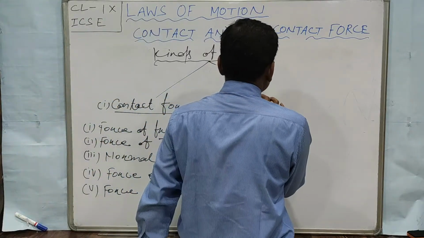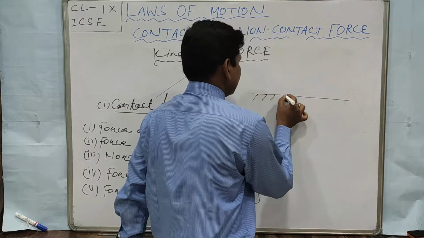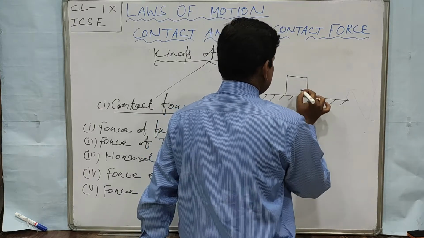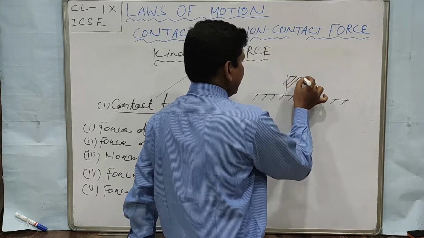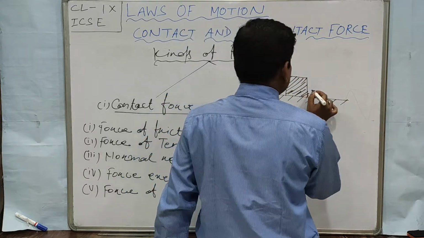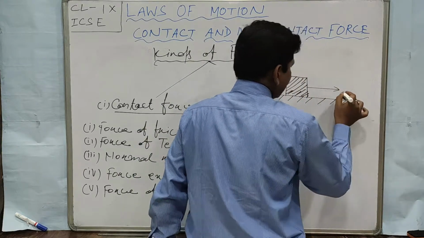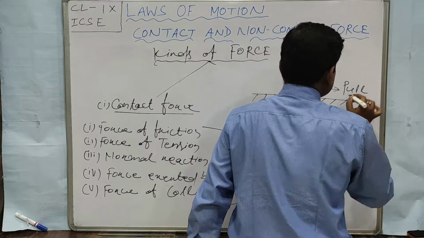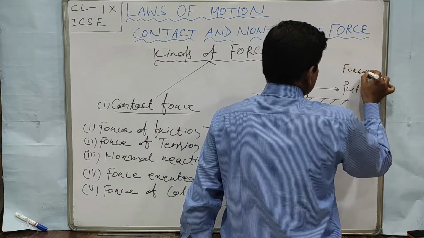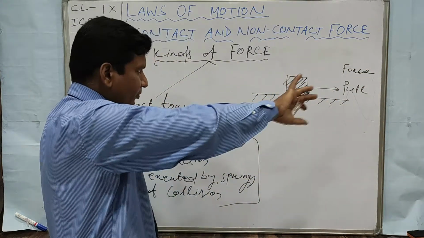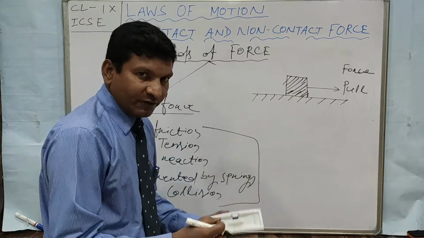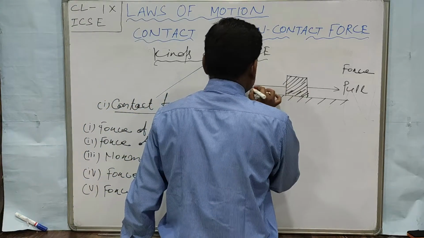Suppose, see over there, this is a table, and on this one body is lying. Suppose this is a wooden block, and the block is being pulled along this direction. We are pulling the block. That means we are applying the force along this direction. While we are pulling the block, this block will exert a force of friction in the opposite direction.